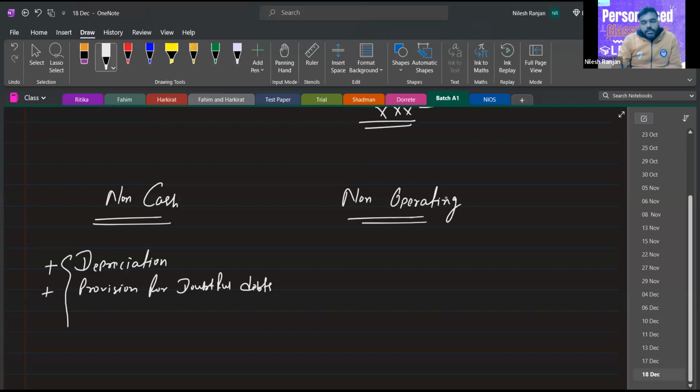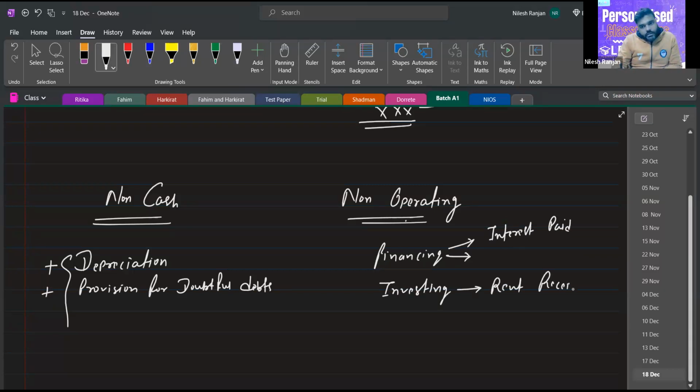Okay, sir. And in the same manner, non-operating means items which are to be included in financing or investing activities will be eliminated from the profit. So financing, like interest paid, it is included in profit, so it will be eliminated, like rent received, interest received, dividend received, like these things will be eliminated.